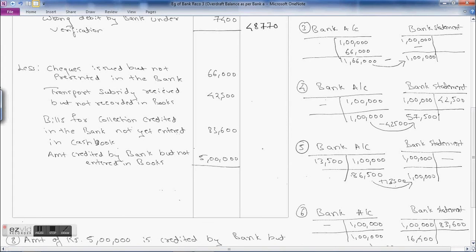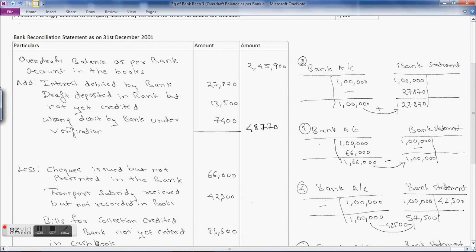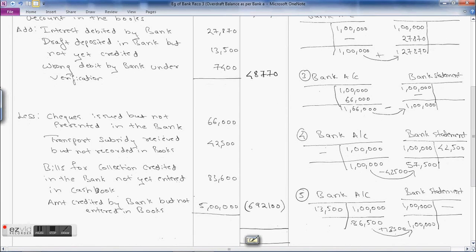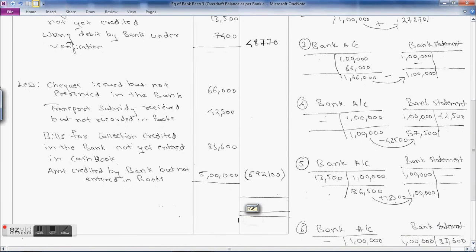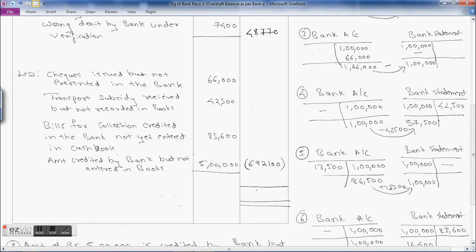This is a new transaction that we have included, so the amount will come to 6,92,100. We have to reduce this, so I'll put it in the bracket. Now the net balance comes to 2,45,900 plus 48,770 minus 6,92,100.